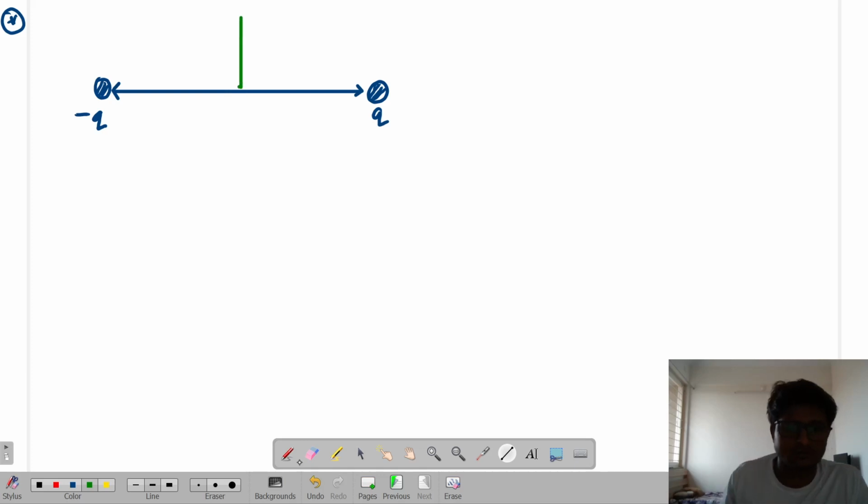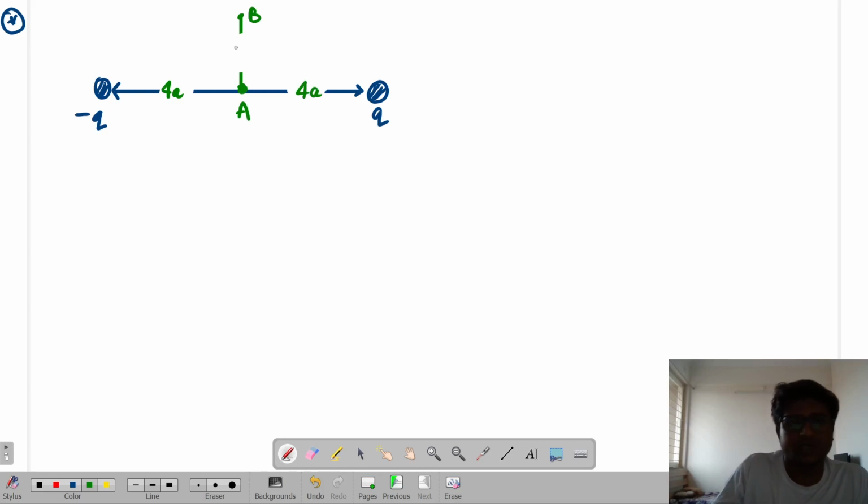Okay, so look over here. This is point A and this is point B. There are two charges, and this gap is of 4a.